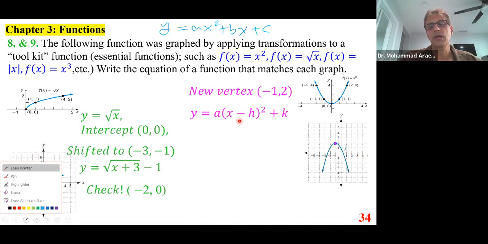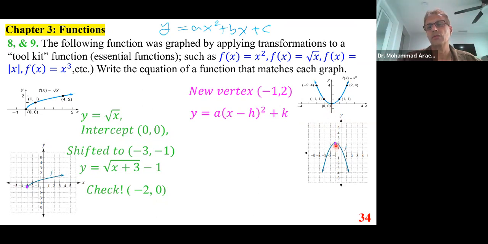In this case, the vertex is located at (h, k). We notice that the vertex of (0, 0) has gone to this point with coordinates (-1, 2). So we replace this with -1, which makes it x plus 1, and then replace this with 2.